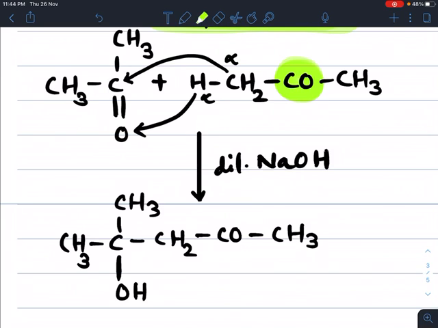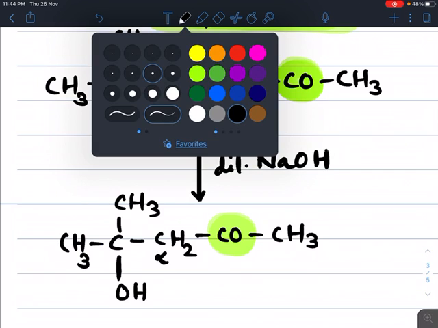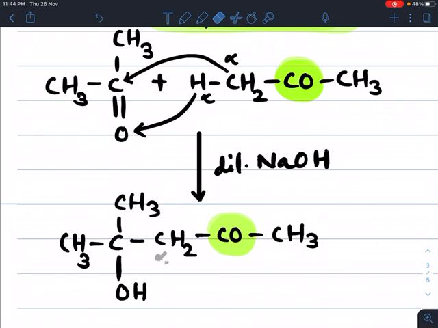If you observe, this is the functional group, the first carbon attached is the alpha carbon and the second carbon is the beta carbon. To the beta carbon the OH group is attached, therefore this is a beta hydroxy ketone.